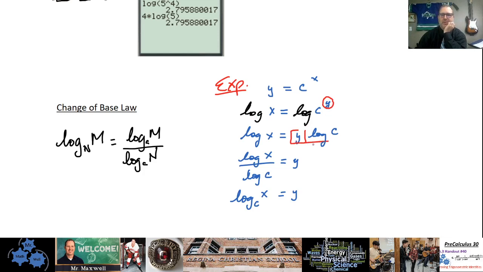Then I can divide both sides by log of c, so I get y all by itself. And the change of base formula says that when we have this situation, you can rewrite that as this right here. So the exponential, the inverse, can be rewritten as this log right here.